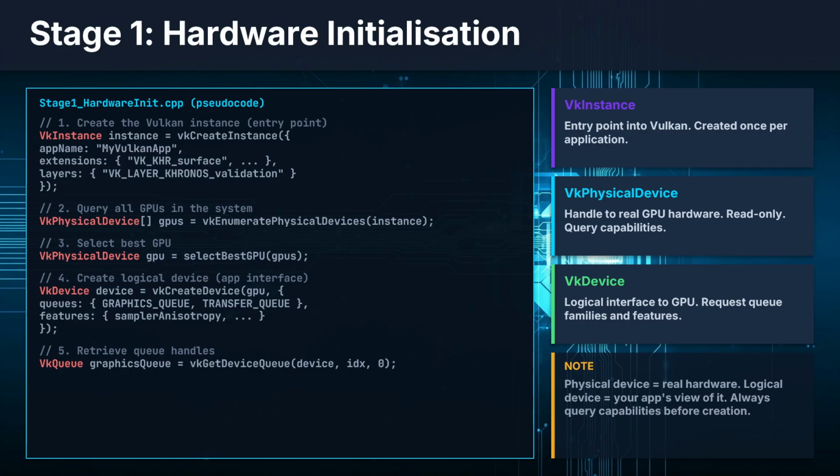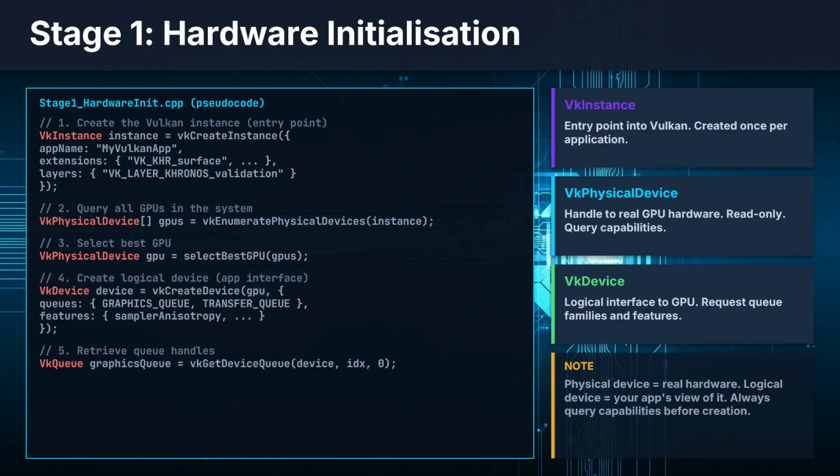All right, now once you have created a Vulkan instance, the next step is to access the GPUs. The very first step was creating a Vulkan instance, so now you are capable of using Vulkan in your application.